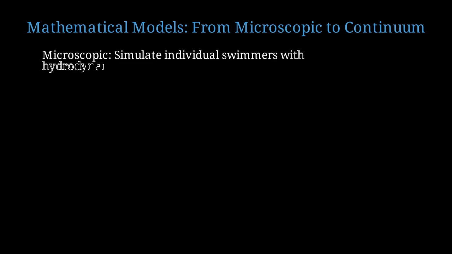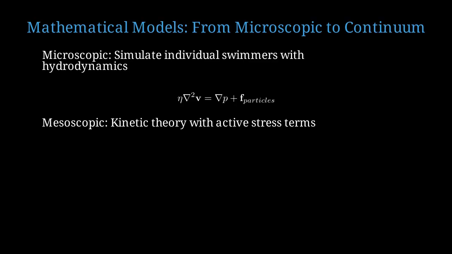Let's discuss the mathematical approaches used to model these systems, from microscopic simulations to continuum theories. At the microscopic level, you can simulate each individual swimmer as a self-propelled particle coupled to the fluid via the Stokes equations. The fluid satisfies the Stokes equation, eta del squared v equals grad P, plus the force density from the particles. This is coupled to the particle motion. At the mesoscopic level, kinetic theory describes the distribution of swimmer orientations and their contribution to stress.